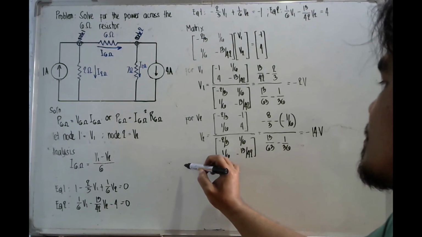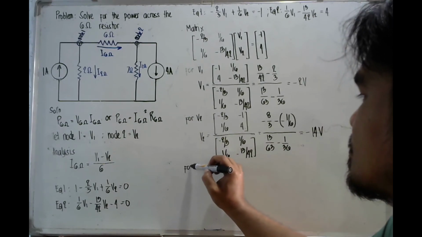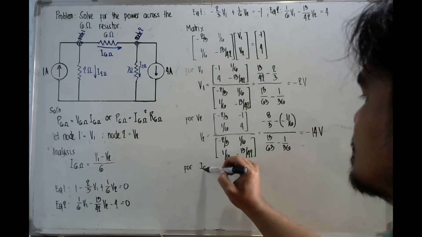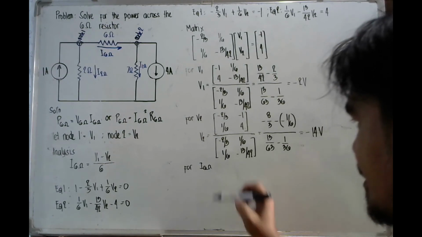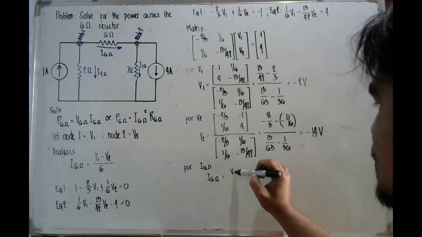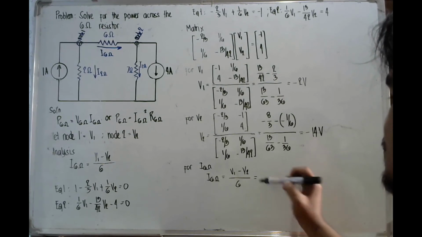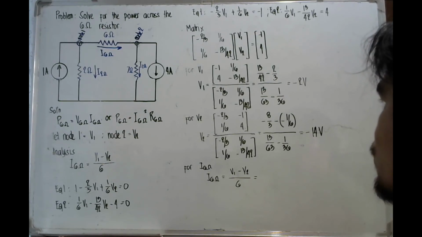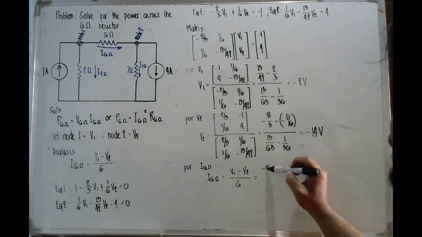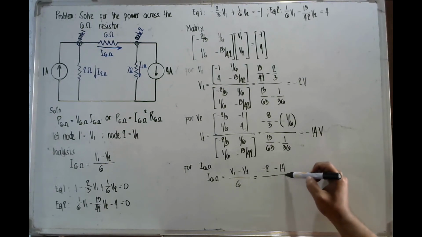So solving for your I6 ohms, because now we have the values of your V1 and V2, I6 ohms is equal to V1 minus V2 all over 6. Substitute the values: negative 2 minus negative 14 over 6.